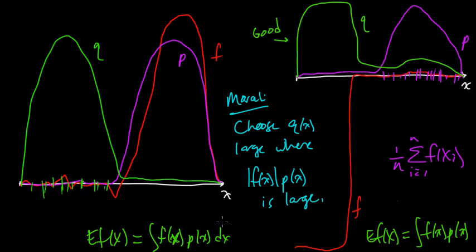And the situation which is very bad is when Q is much smaller than this absolute value. This could have been flipped the other way. F could have been flipped the other way, because f can be positive or negative, and this would still account for most of the action in the integral. So you want to choose Q large where this is large, and you want to avoid the situation where Q is small and this product is very large.